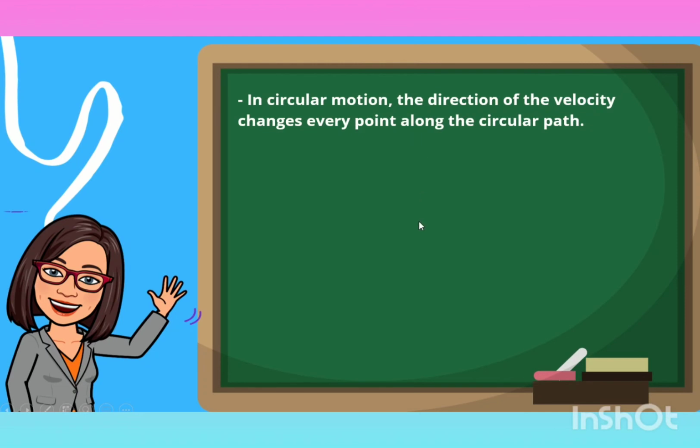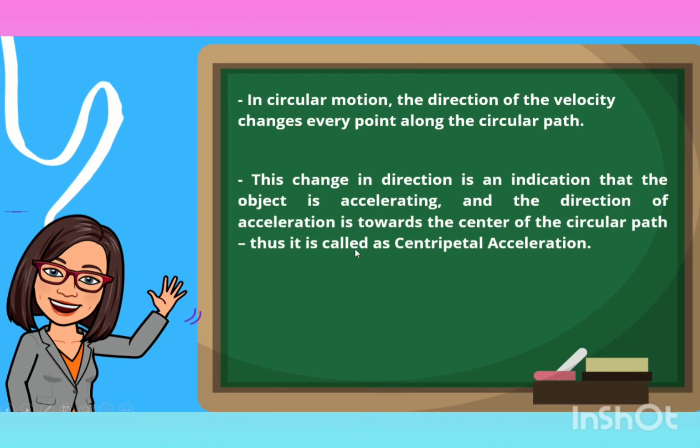So, we have to bear in mind that when we say acceleration, hindi lang ito tumutukoy sa bumibilis or bumabagal. Pwede rin itong tumukoy sa hindi siya bumibilis, hindi siya bumabagal, pero nagbabago siya ng direksyon. Just like in a circular motion.